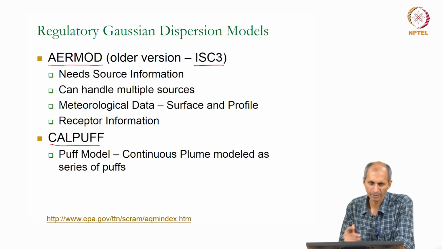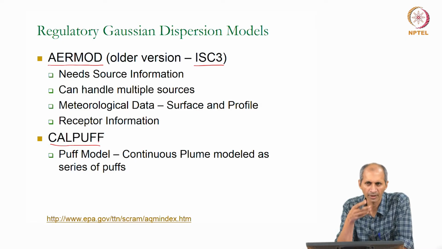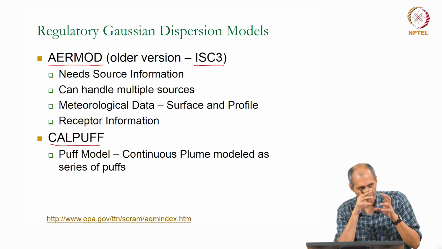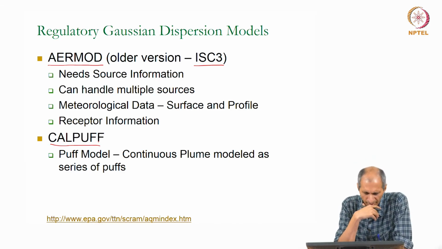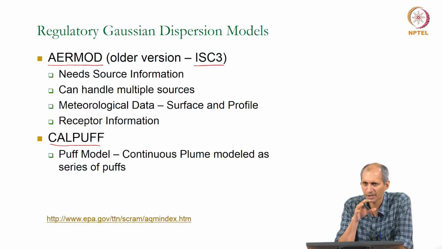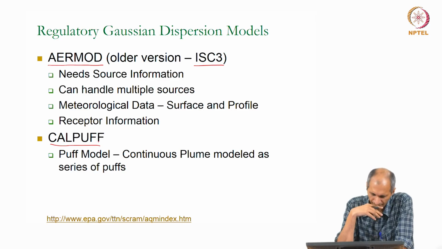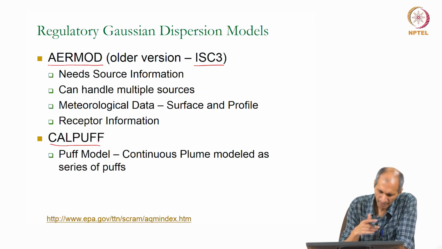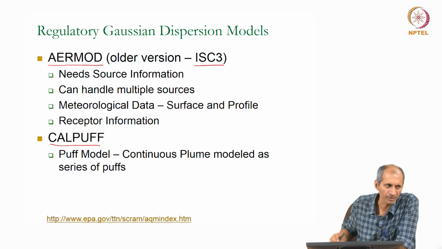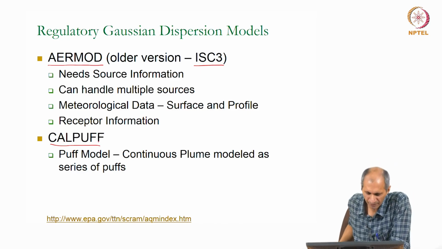If you give it a rate term, it will convert that into some volume of the puff, and what volume of puff depends on where the emission is occurring, for example through a chimney. It generally converts your steady state thing into a puff based model. But AERMOD is a steady state model.